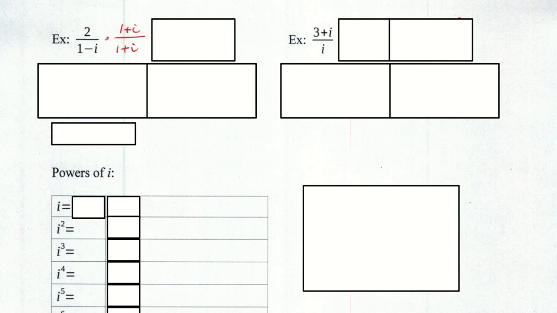Now downstairs we could FOIL. If you do that, the middle two terms, the outer and the inner, are going to go away. But I'm going to use the definition of the conjugate. It's going to give me a difference of squares. In the numerator, I'm going to distribute, and then I'm going to rapidly decide that I shouldn't have distributed because I see where the denominator is going.